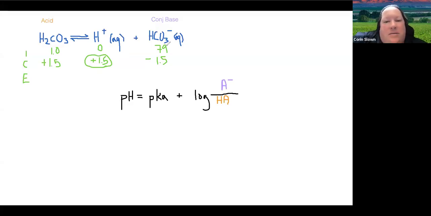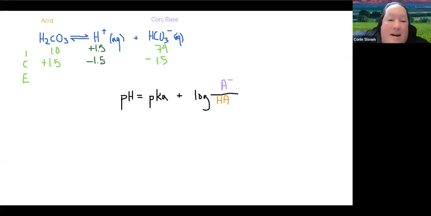So in our ice table, it's important to know when you're making a change, where you're putting that change. So in this case, if you put the change here, it's probably better for you to represent it as, well, in this case, we're going to add 1.5, and we're going to consume 1.5, because then our ice table makes a little bit more sense.